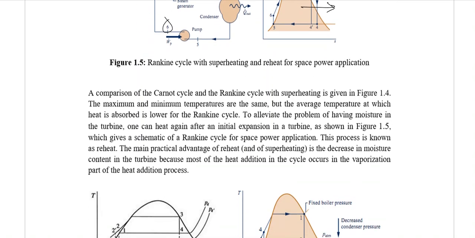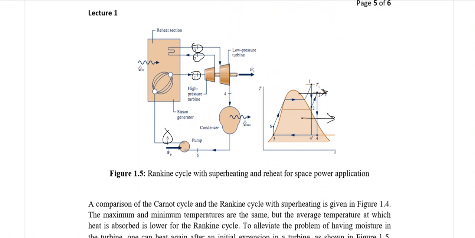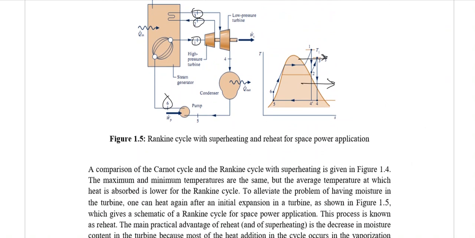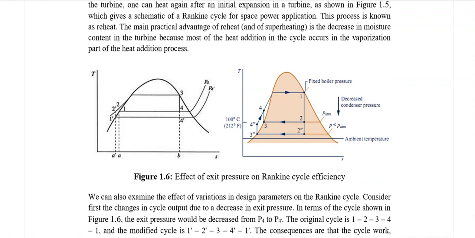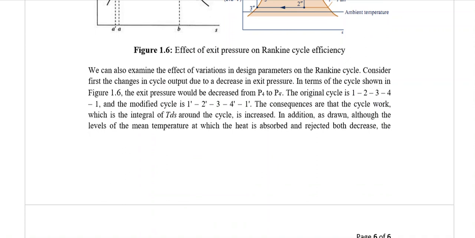So although there is an increase in heat supply, the process is so optimized that the increase in heat supplied is less than the advantage we get in terms of work done.